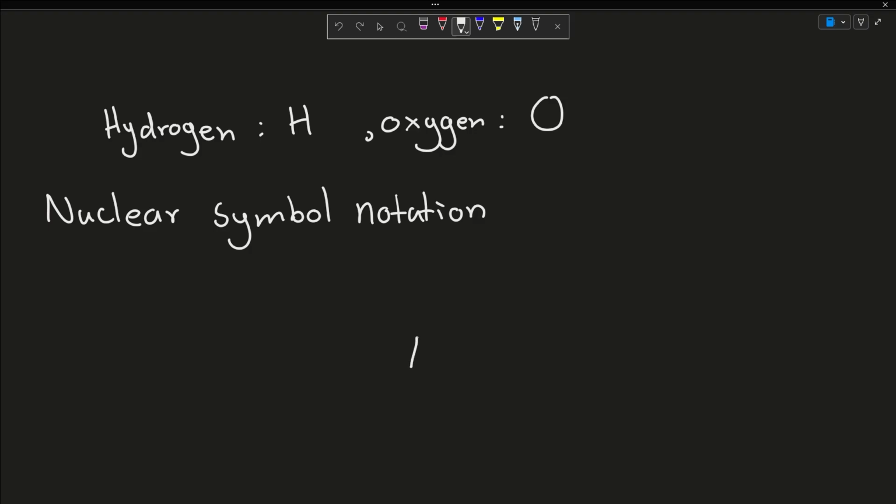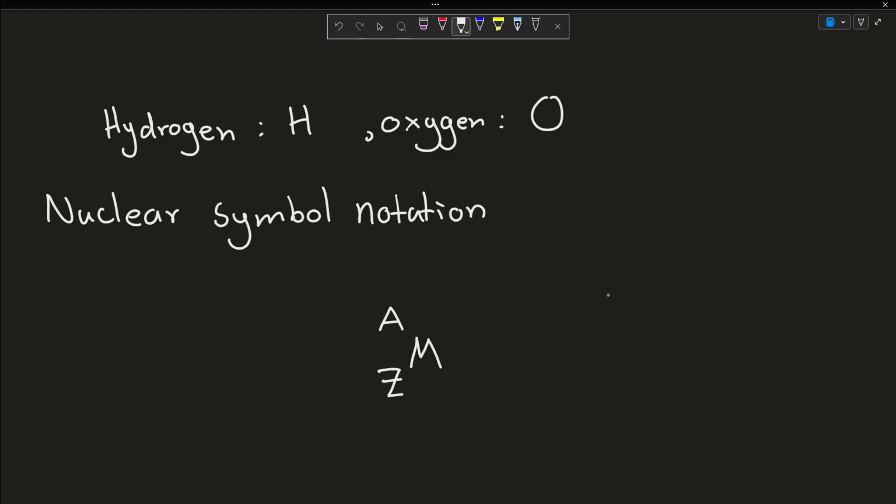We have a capital M, which represents the symbol, and then we have a subscript Z that occurs on the left below the symbol, and this represents the atomic number. And then we have A, which is a superscript above the symbol to the left, which represents the mass number. And this is the basic notation for an isotope or an atom.